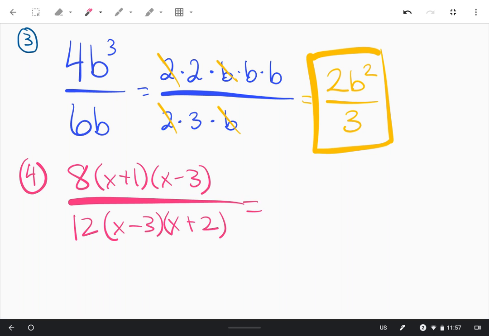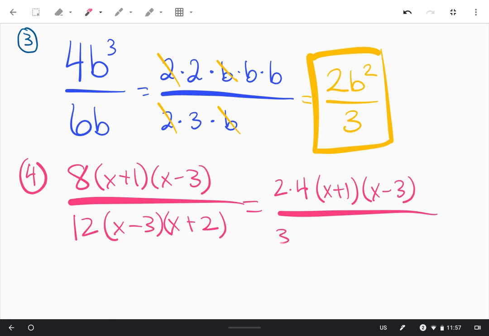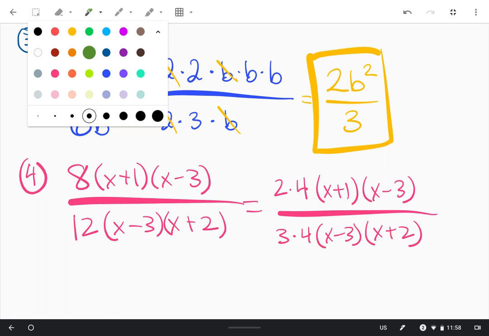8 can be written as 2 times 4. We obviously have the factor x plus 1, and x minus 3 is a factor. 12 can be written as 3 times 4, and of course we have the factors again. Then we look for anything that is the same, and we cancel them out.